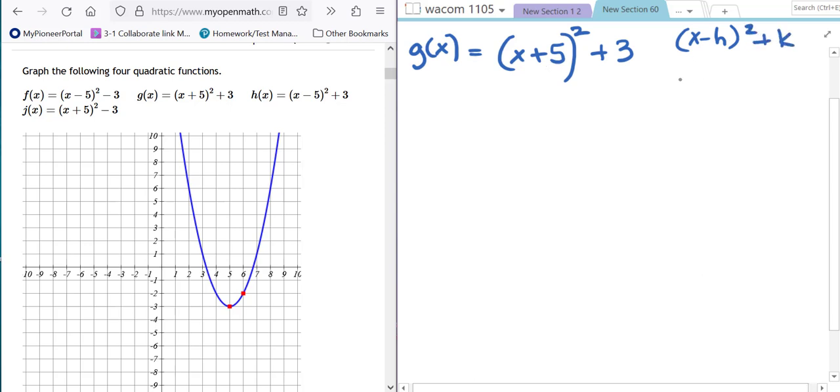So my vertex is going to be, because this is plus and my form is minus, my vertex will be -5 and 3. Right? I need one more point. An easy point to get is the y-intercept, right? Because you plug 0 into x, right? So one more point.